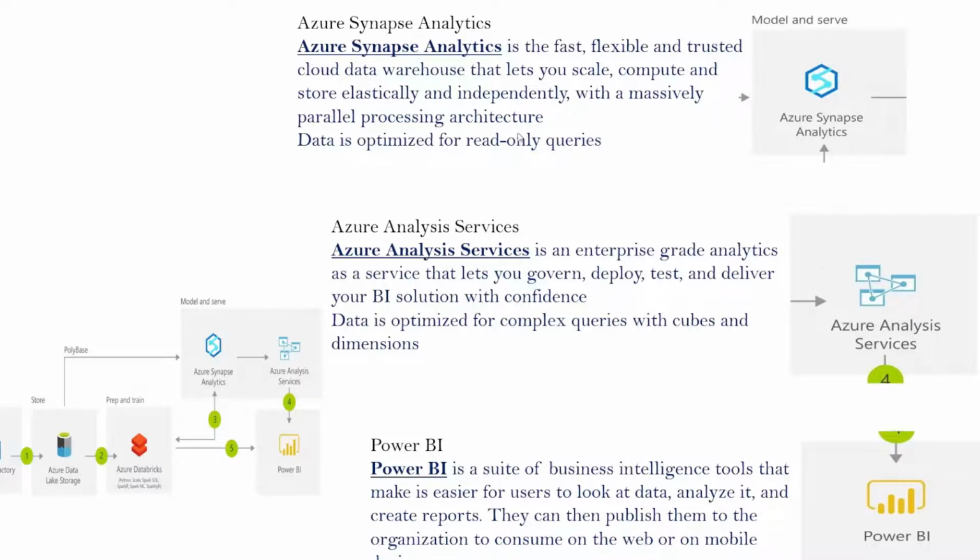So this Azure data analysis and Azure Synapse Analytics, we already have talked about. It's a fast, flexible, trusted cloud data warehouse that lets you scale SQL compute and storage elastically and independently, with a massively parallel processing architecture. This is a statement which I just repeated.